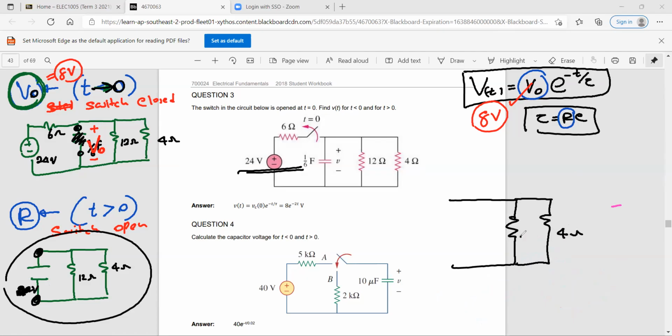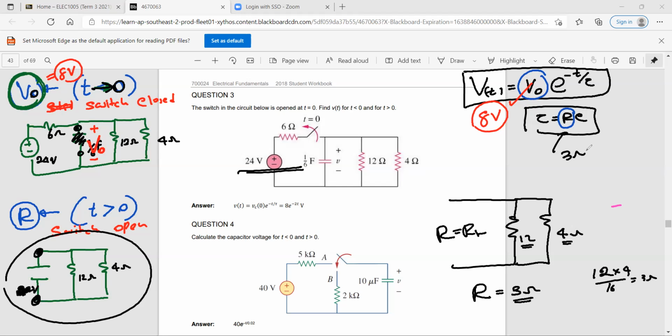So this is 4 and this is 12. This is the R, which is R Thevenin. So 12 and 4 are in parallel. What is your R, guys? R is 3 ohms. We already found that when they are parallel, 12 times 4 divided by 16, so this one is also 3 ohms.